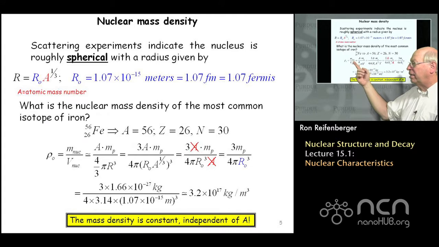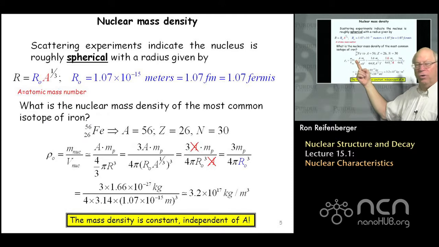You can calculate the mass density by just taking the mass contained in the nucleus divided by the volume that the nucleus encompasses. If you approximate the volume of a nucleus as a sphere, then the volume is 4/3 pi r cubed, where r is given by this expression up here.